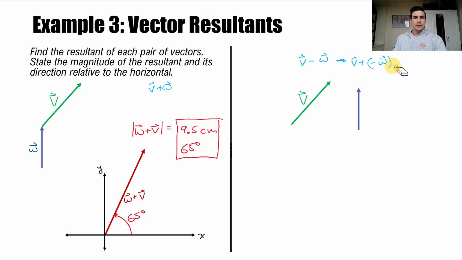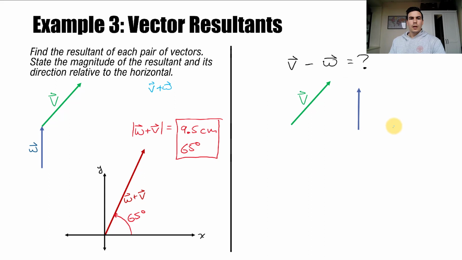The opposite of vector w is just flipping it 180 degrees, going in the opposite direction. So this is the same thing as adding the opposite of w. Now I can just do the same thing. We're going to go tip to tail here, and this is vector opposite w that you see here. Then our resultant is going to be v minus w.